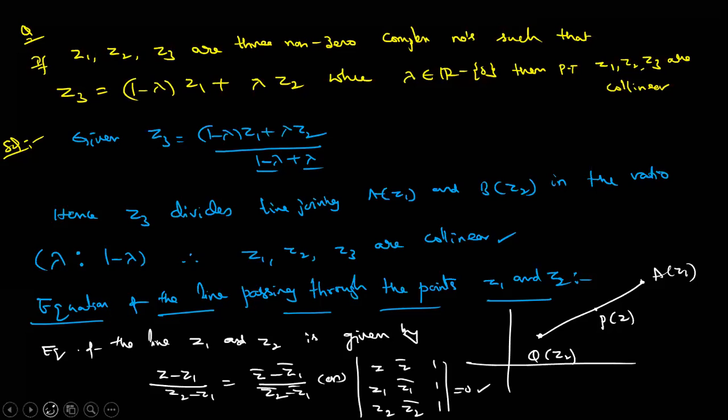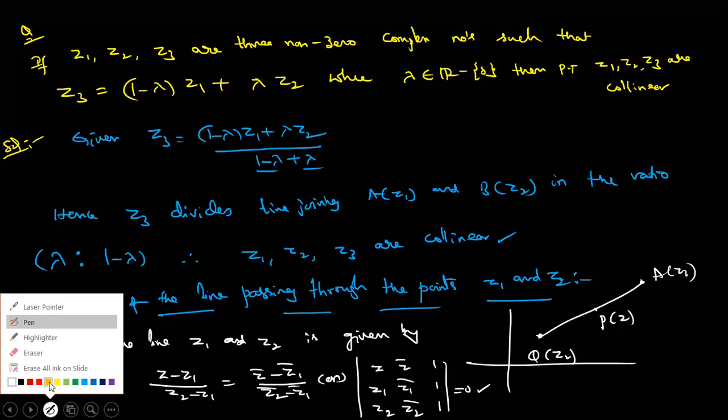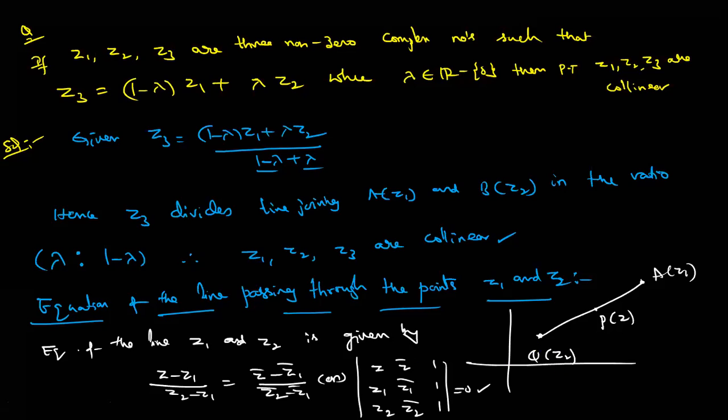But how to get this one? It's very simple, dear students. See here, I'm writing directly, I'm not deriving. Argument of (Z minus Z2) must be the same as argument of (Z1 minus Z2). That is the proof. So argument of (Z minus Z2) by (Z1 minus Z2) is equal to 0.